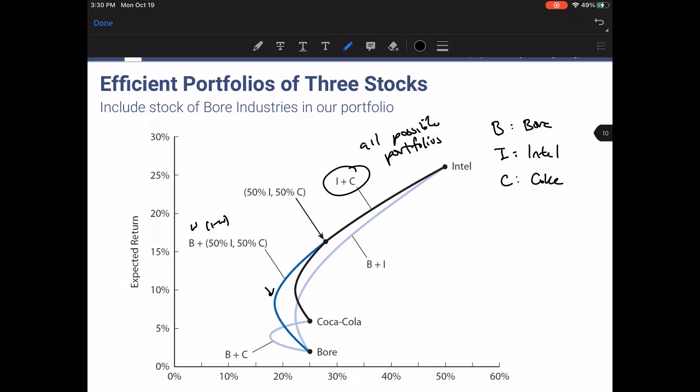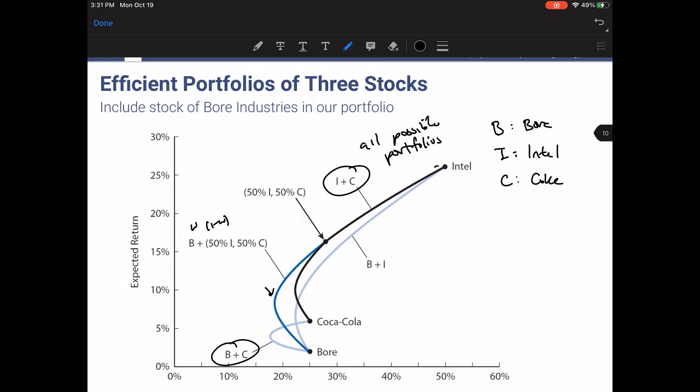And then we have B plus C. Same idea, where all possible portfolios between Bohr and Coke give us this following set of portfolios. So what you should notice is that once we include more assets into our set of possible portfolios, this C shape would actually grow towards the y-axis.